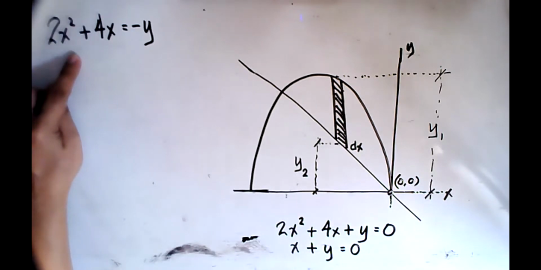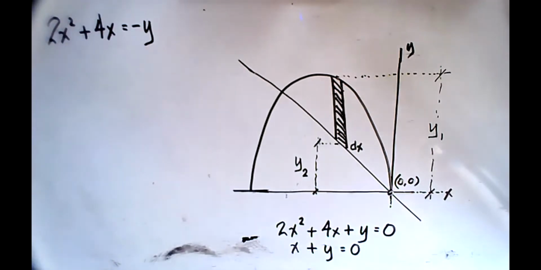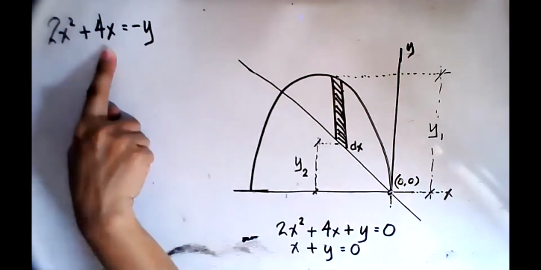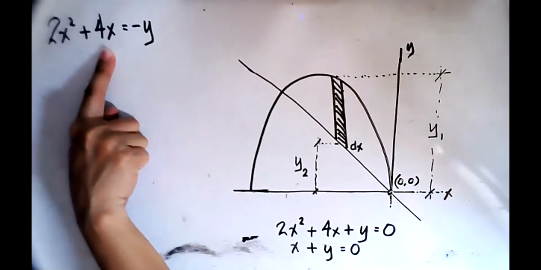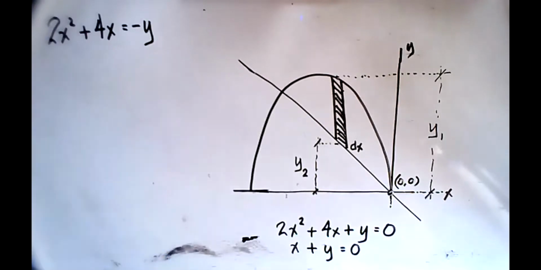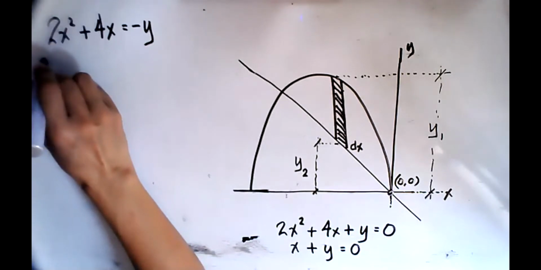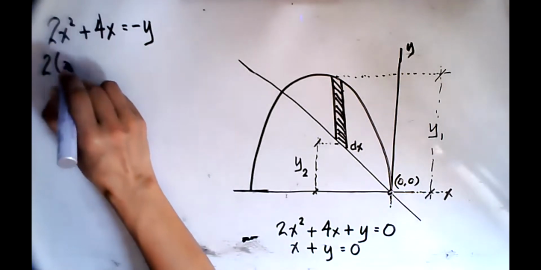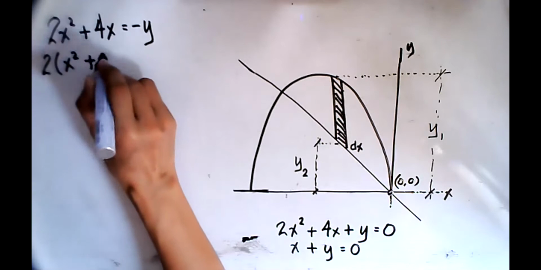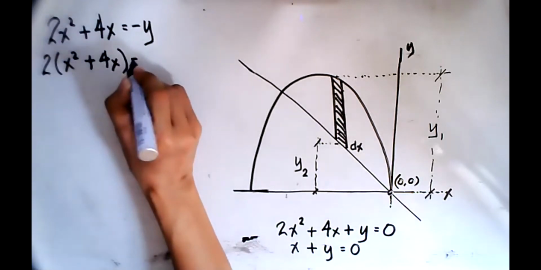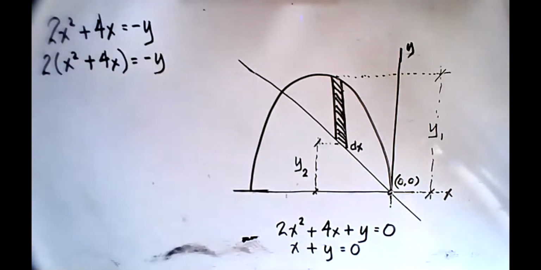Expressing only the coefficient, because we have to express x in terms of y. We have a common factor of 2. Okay, so you have a common factor of 2. That would be x squared plus 4x is equal to negative y.